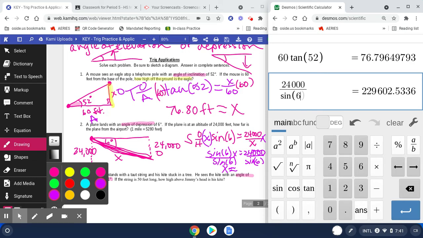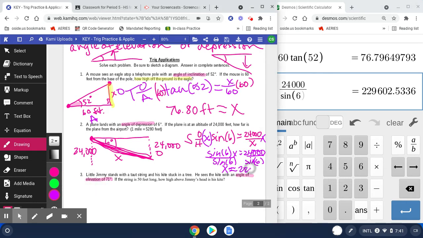So we get 229,602.53. And it's asking us, how far is the plane from the airport? So we get 229,603 feet, but then it gives us this conversion of 1 mile equals 5280 feet.